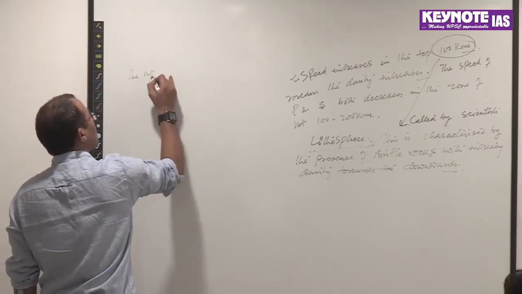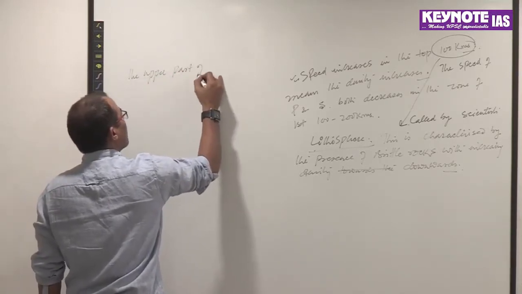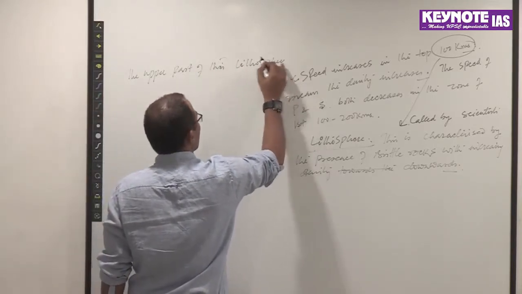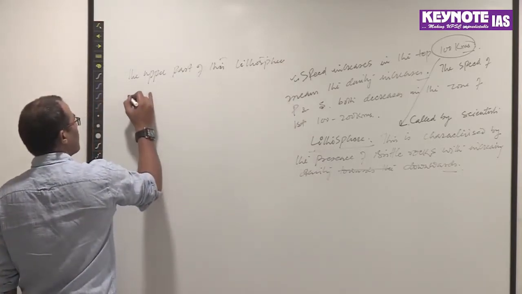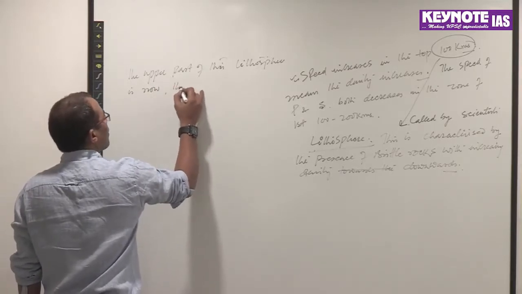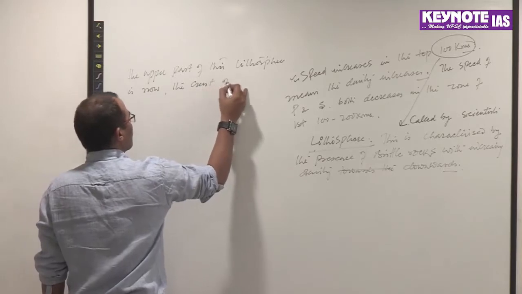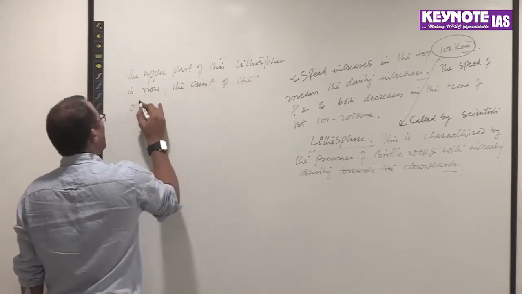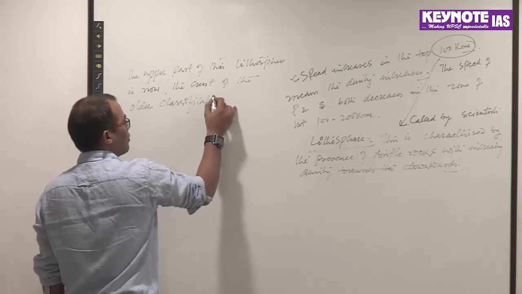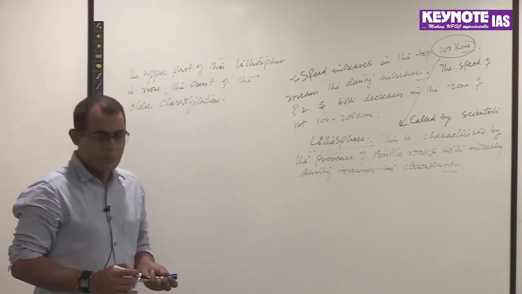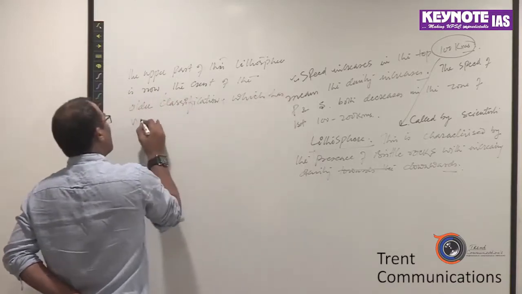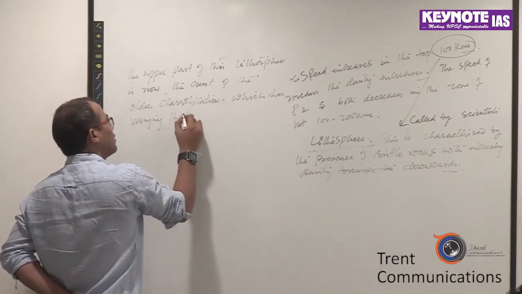The upper part of this lithosphere is now the crust of the older classification, which has varying thickness.